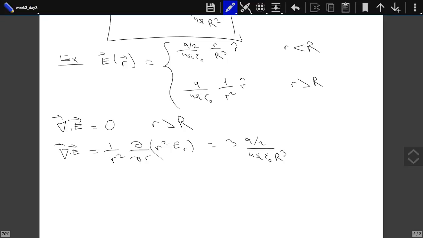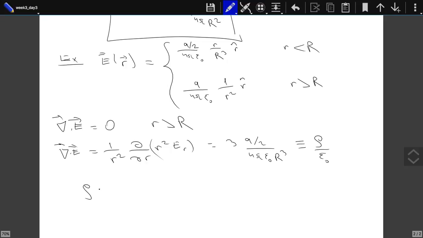Well, I have a linear r dependence over there. Multiplying by r squared, it makes r cubed. If I take the derivative, that gives me 3r squared. The r squares cancel. That is the origin of that 3 over there. And this is rho over epsilon 0.